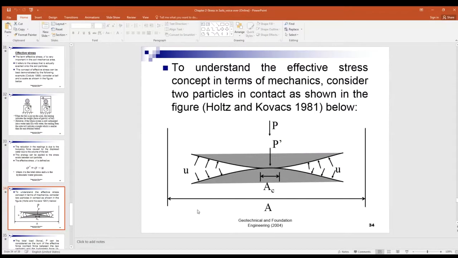Now look at this diagram. P is the total weight, the total stress. And then you can see the U here.